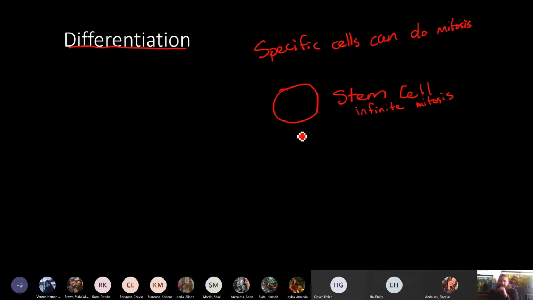It cranks out cells, right? So, thing about stem cell mitosis pathways is that they end up producing another cell with a limited number of mitosis events.